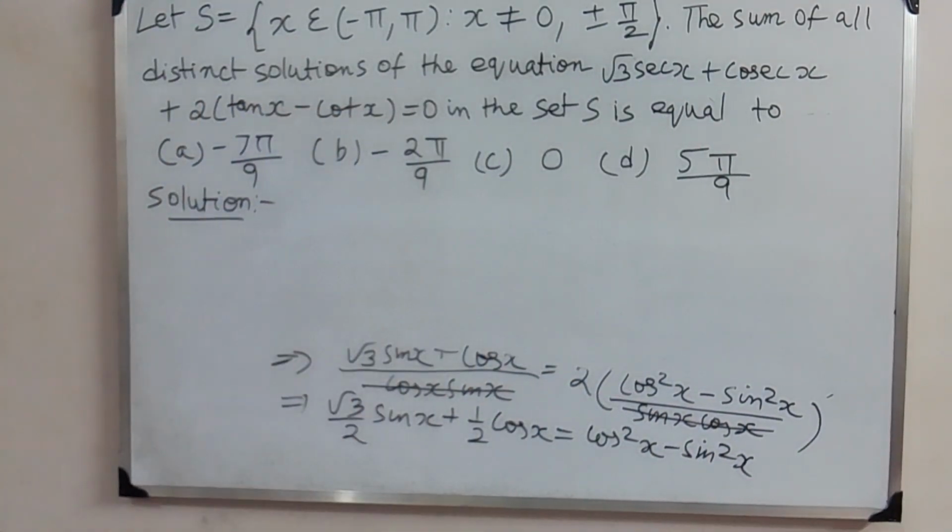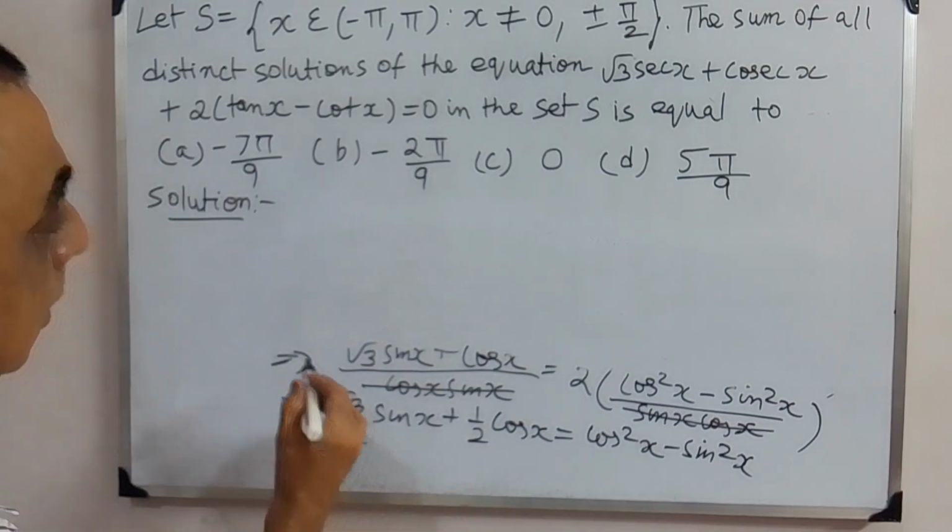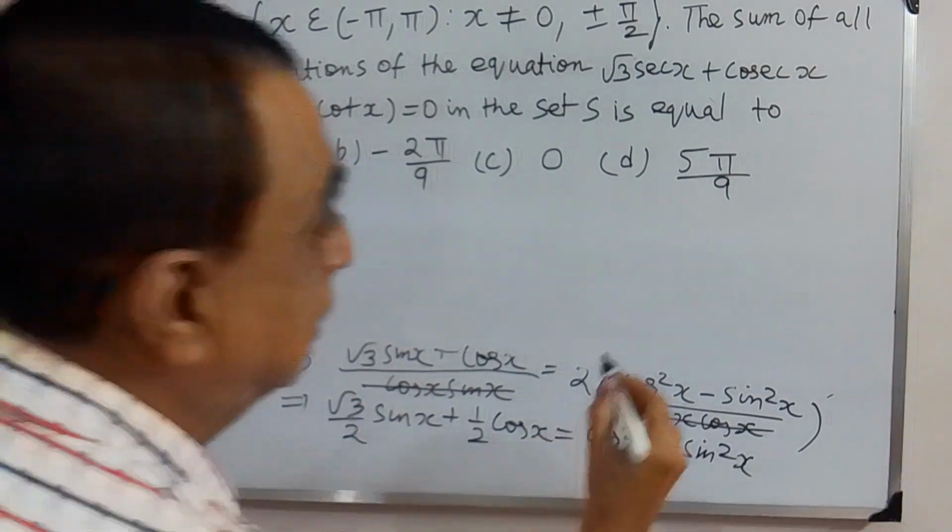Now we are changing both the sides to cos. Here half is there, so we will be using this formula.